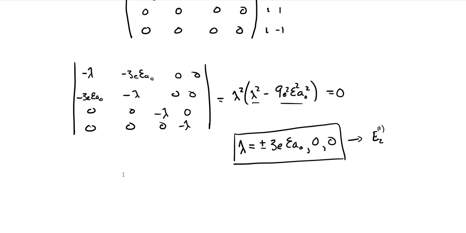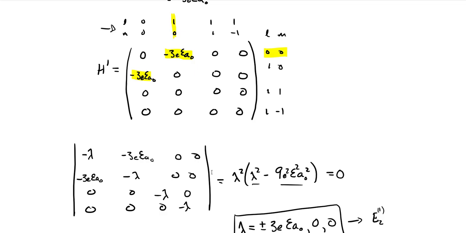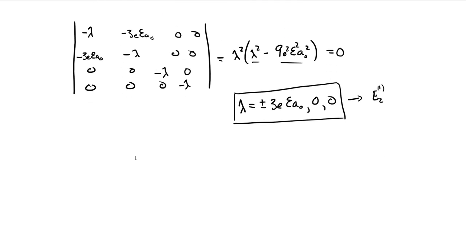Sorry, let me say that a little clearer. These are the states that are going to be corrected in that subspace. This matrix is diagonal in this subspace, so the states made up by these are not the ones perturbed. These m equals 0 states are the perturbed ones.